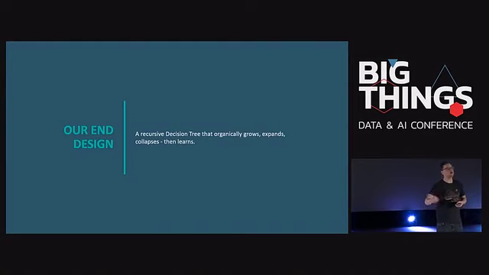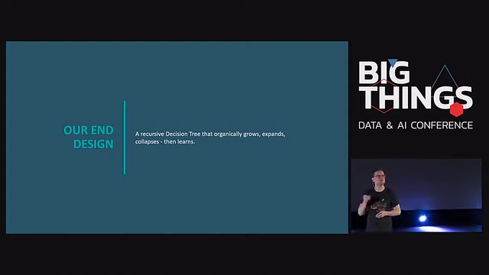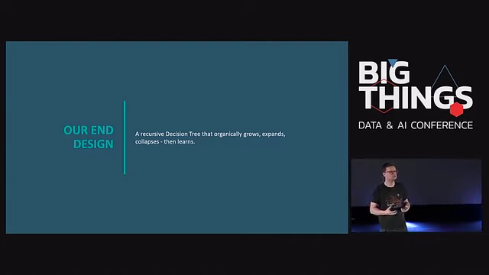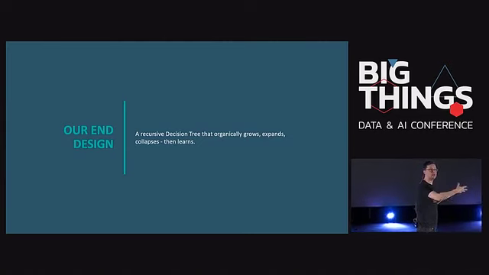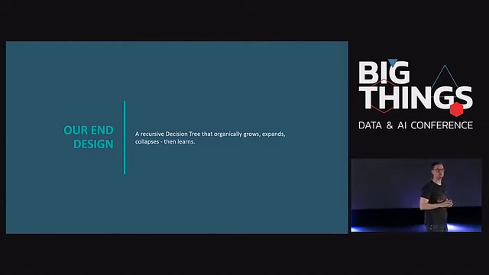So the end design, after around 6 months, can be summarized here. What we designed in a decision engine was a recursive decision tree that would organically grow and expand, and if we were building branches of this tree that weren't linking to anything, we would cut them. We would collapse those branches.